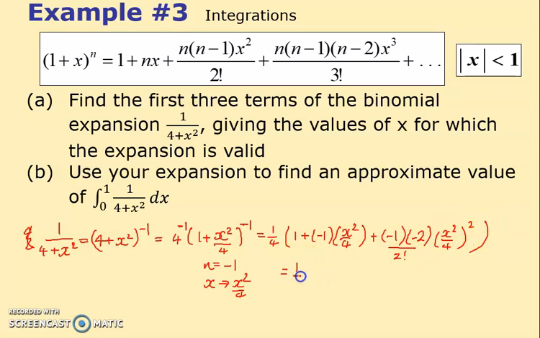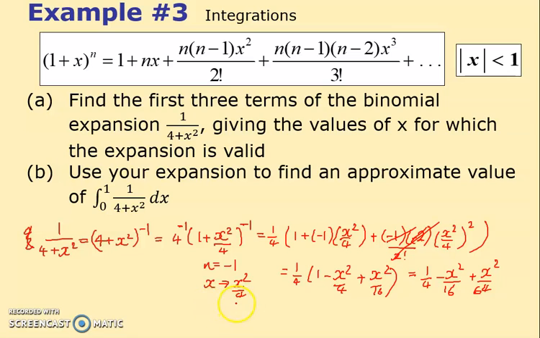That gives me a quarter of 1 minus x squared over 4 plus minus times a minus plus 2, that all goes. I think it's just x squared over 16. And if I times it by a quarter, I get a quarter minus x squared over 16 plus x squared over 64. Validity, yes, it wants validity.